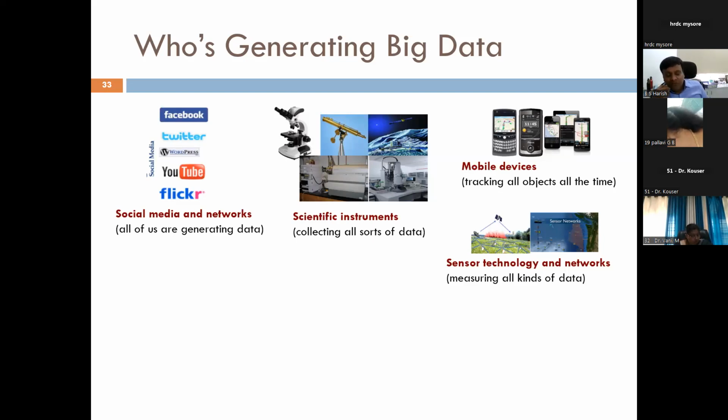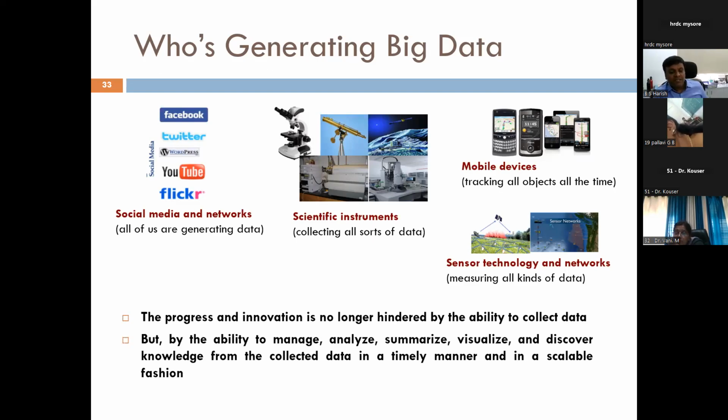Suppose the driver is feeling sleepy, just because of his eye tracking movements, the car can identify whether the driver is going into a sleep mode or is very attentive in driving the vehicle. Such highly sophisticated sensors are designed and developed, and they are giving the best examples.